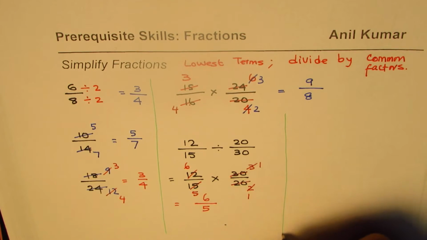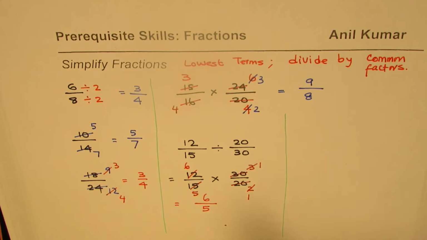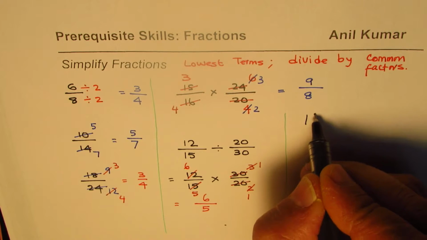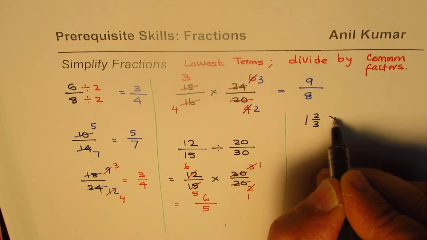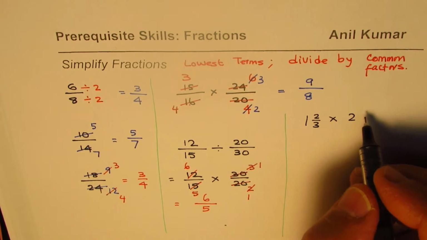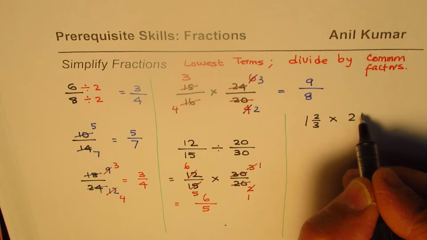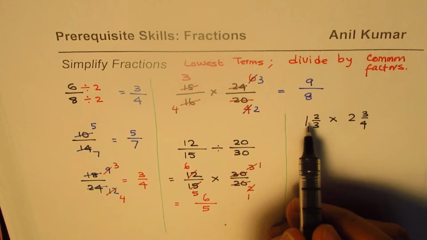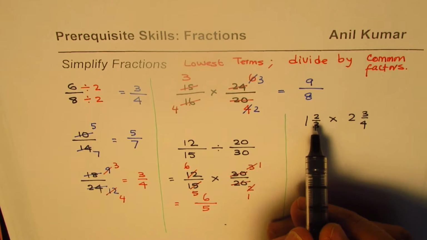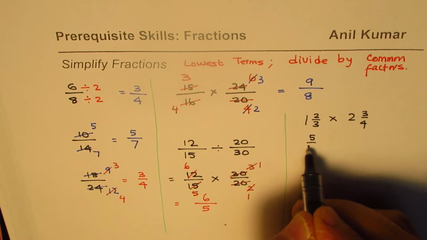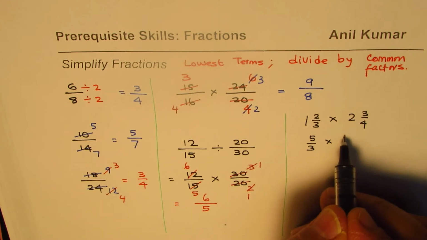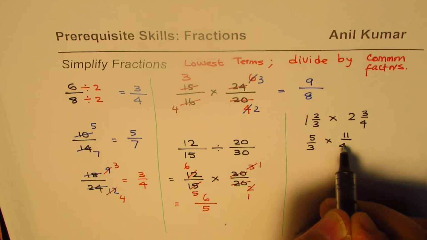Now let me take a few more examples, and this time I'll take mixed numbers. For example, if I have 1 and 2 over 3 times 2 and 3 over 4. How to simplify this? Convert them to improper fractions. 1 times 3 is 3, 3 plus 2 is 5, so we get 5 over 3 times 2 times 4 is 8, 8 and 3 is 11, so we get 11 over 4.